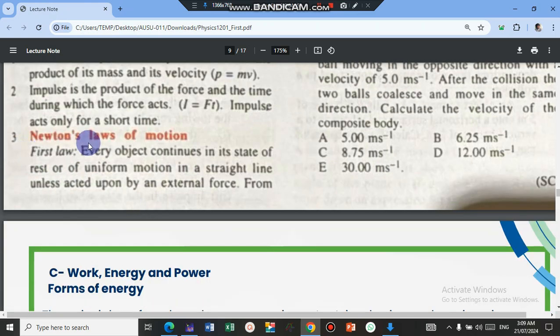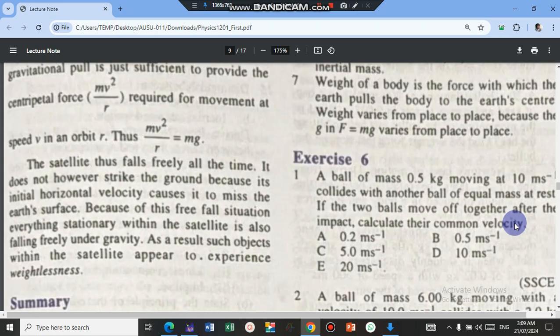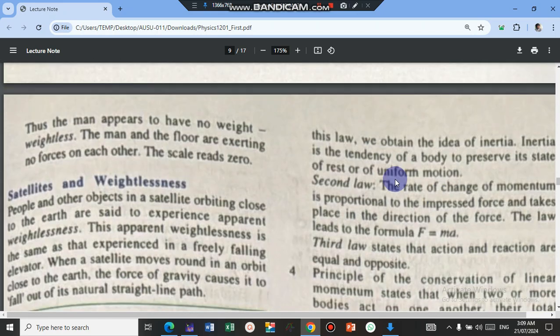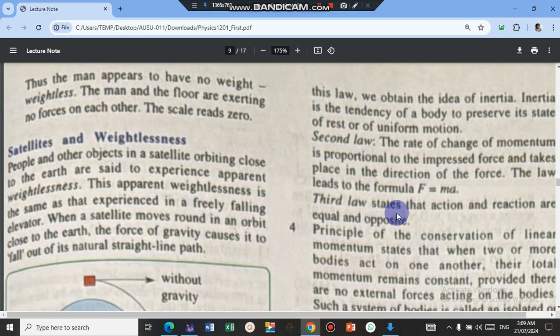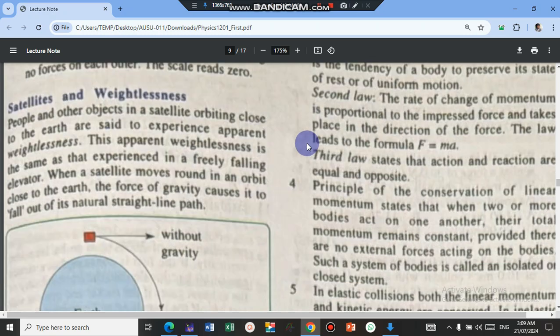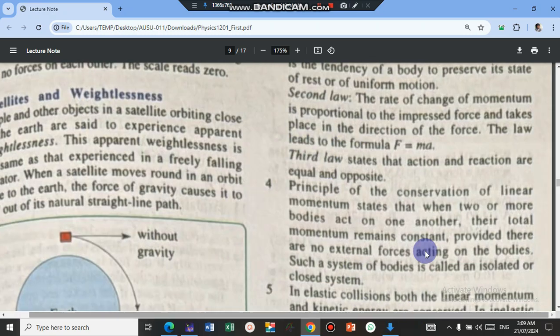Then here is a summary of Newton's laws of motion. Here is the first law, which we know as the law of inertia, and then we have the second law that gives us the ability to calculate force, F equals ma, and the third law that says action and reaction are equal and opposite.